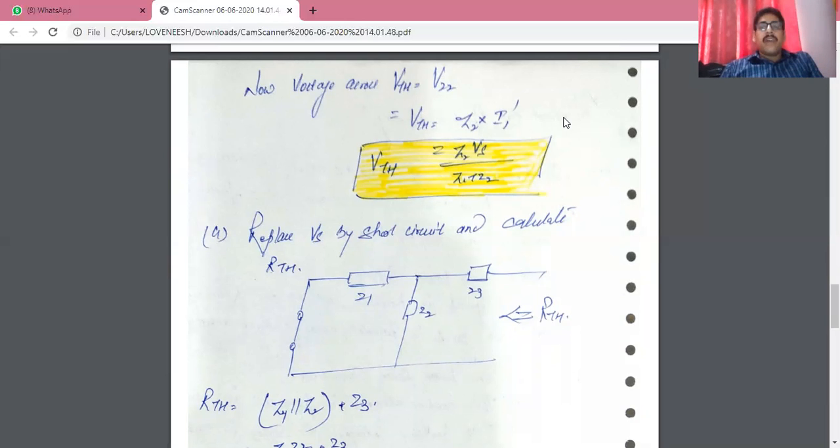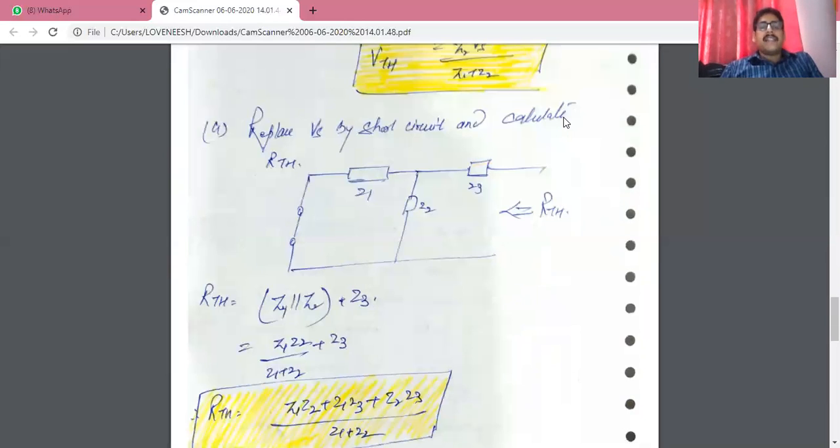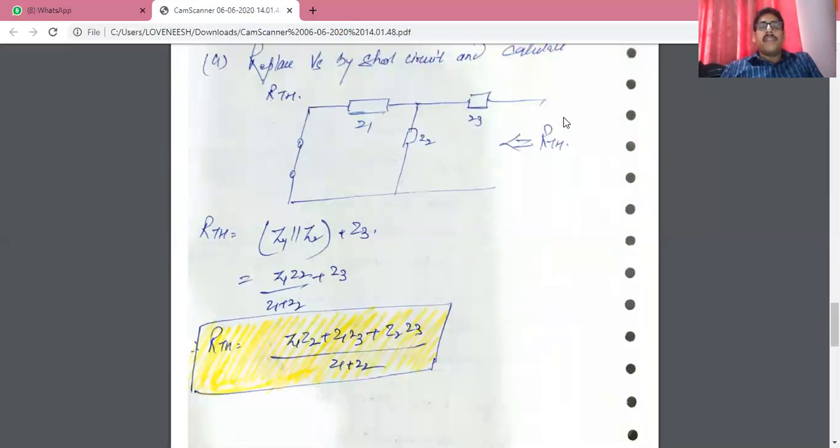So RTH is equal to Z1 Z2 upon Z1 plus Z2, and this whole combination is in series with Z3. So that is Z1 parallel Z2 plus Z3. So here RTH is equal to Z1 Z2 plus Z1 Z3 plus Z2 Z3 upon Z1 plus Z2. Now we have calculated the two main things, VTH as well as RTH.